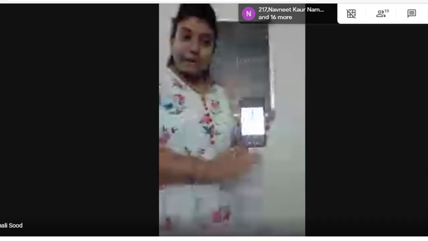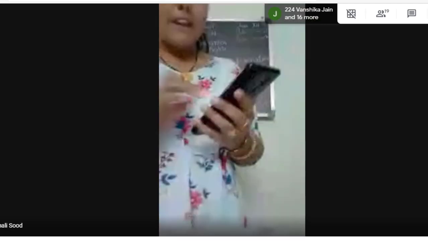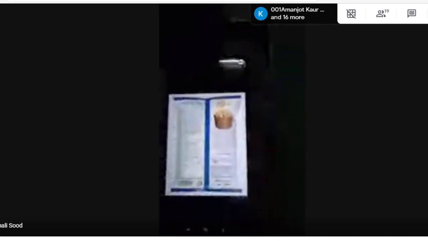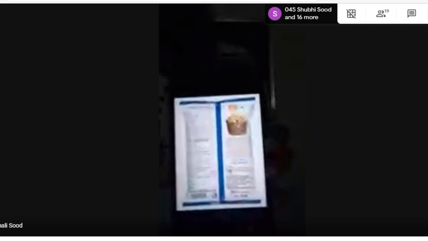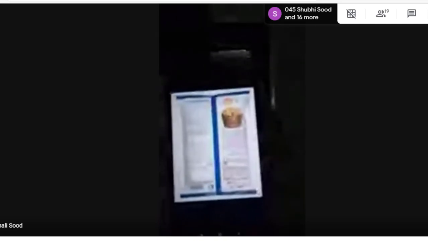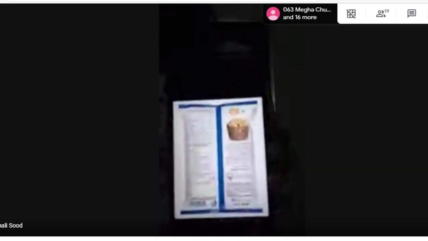We can see the information of ingredients. Students, can you tell me which information you will see while purchasing the product? Price, quantity, ingredients, expiry date, manufacturing date. Very good. Let's proceed further.